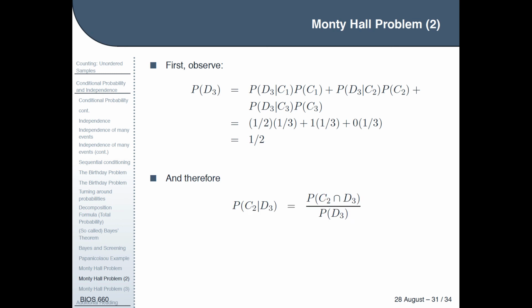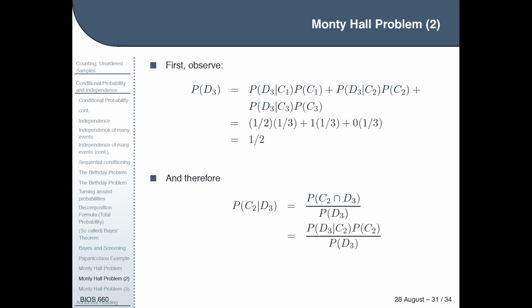So given that he's opened the third door, what's the probability that the car is behind the second door? We can use the formulas from the previous slide once again. The probability that the car is behind the second door, given that the host opens the third door, is the probability that the car is behind door 2 and the host opens door 3, divided by the probability the host opens door 3.